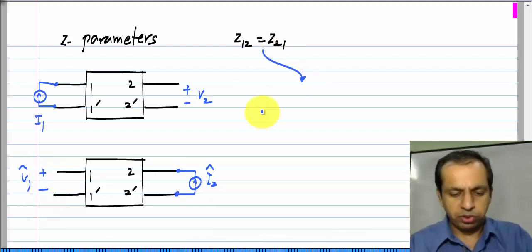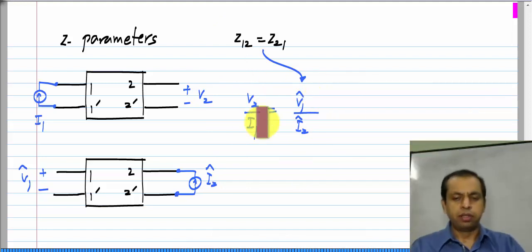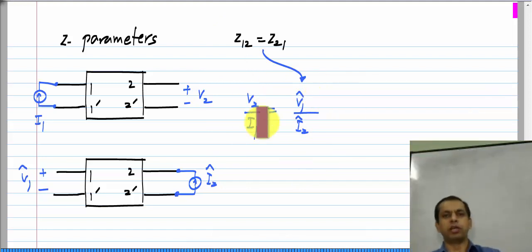And this statement of reciprocity means that V2 by I1 equals V1 hat by I2 hat. So, here the ratio of open circuit voltage to the applied current is the same whether you apply the current at port 1 and measure the voltage at port 2, or you apply the current at port 2 and measure the voltage at port 1.